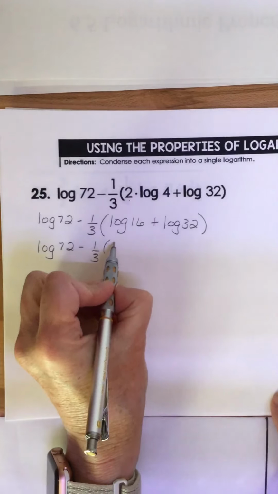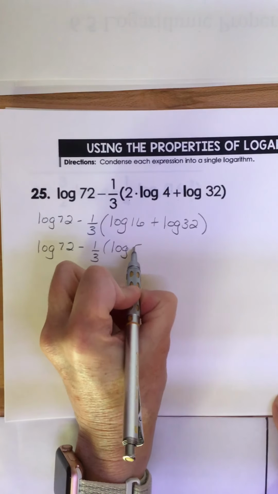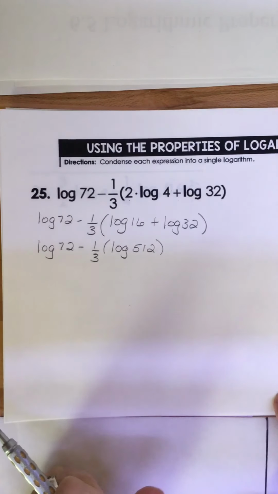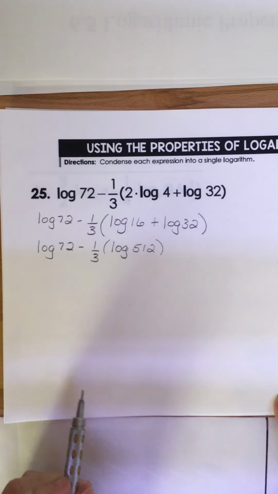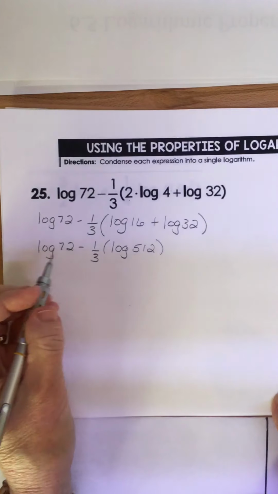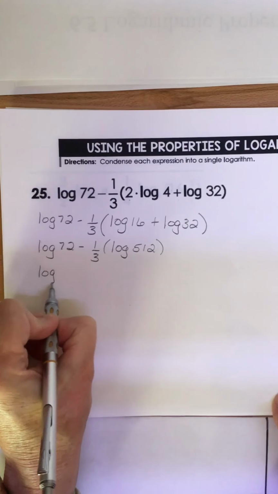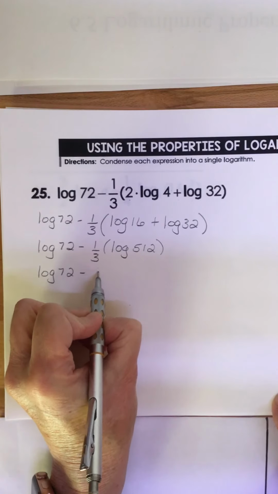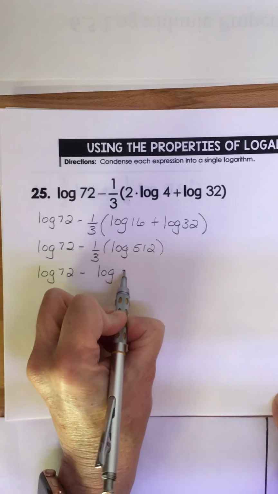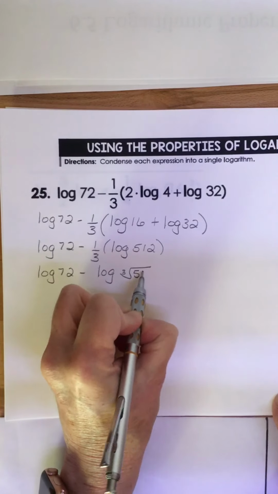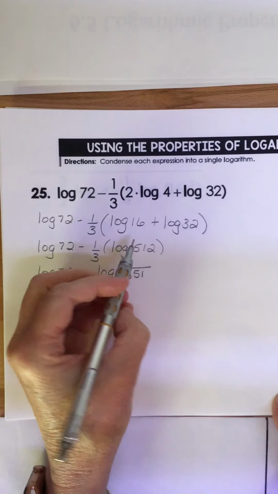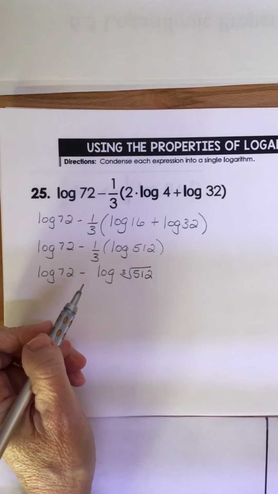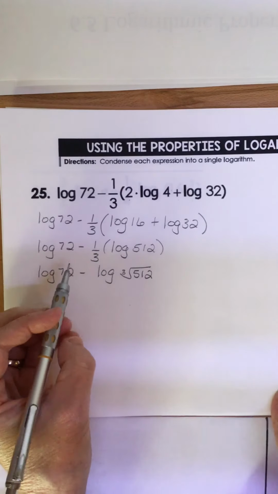So it's going to be log 512. I'm going to use the power property. So then I have log 72 minus log of cubic root of 512. And the cubic root of 512 is going to be 8.